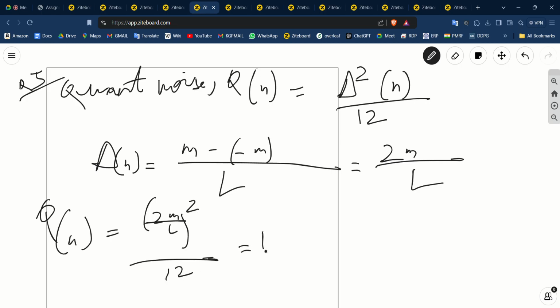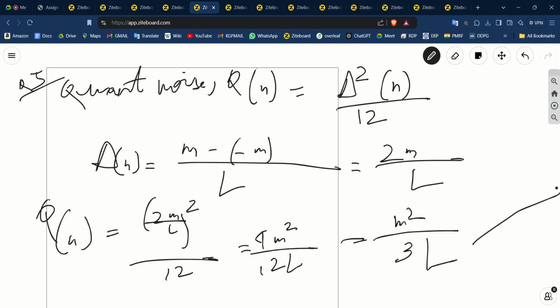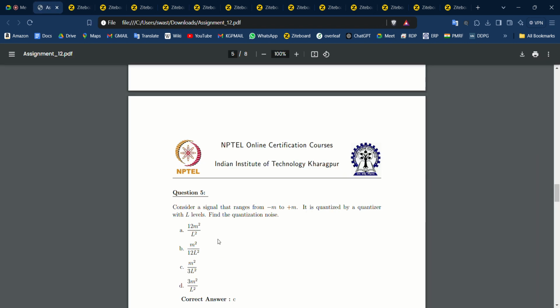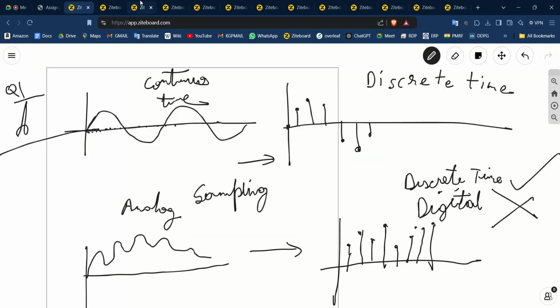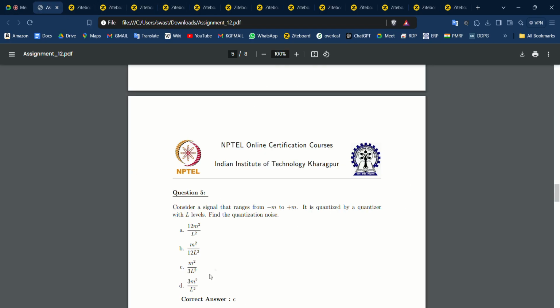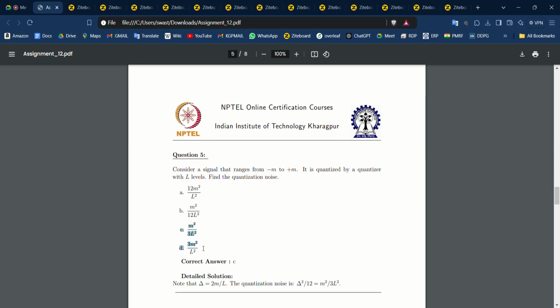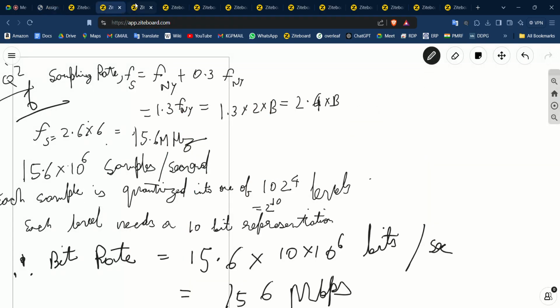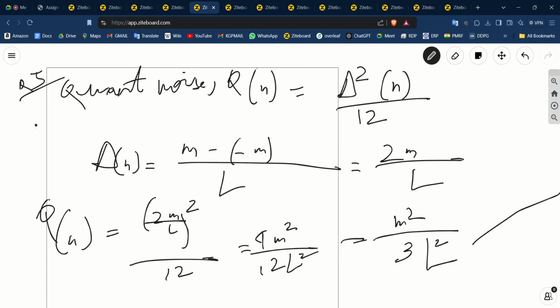So 4m square by 12 L square is equal to m square by 3 L square, as the square is over L also. So option C, m square by 3 L square.